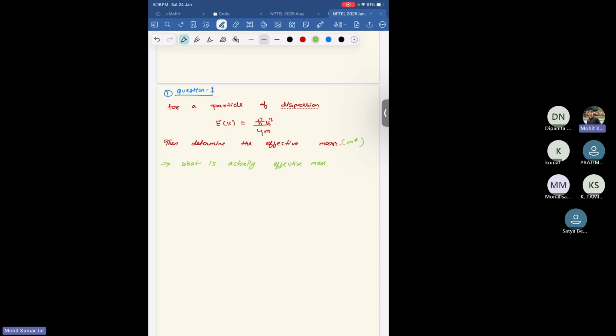See, if let's say an electron is moving free, its mass will be the electronic mass, right? Its mass is m_e, that is roughly around 9.1 times 10 to the power minus 31 kg.